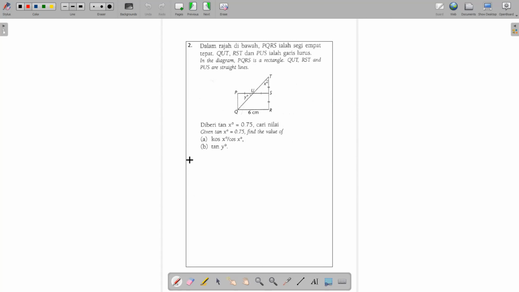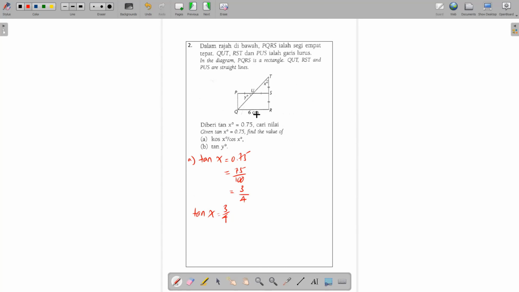So we find the side by using the ratio 0.75 first. We change it into fraction form. So we have this as 3 over 4. So your tangent x equals to 3 over 4.